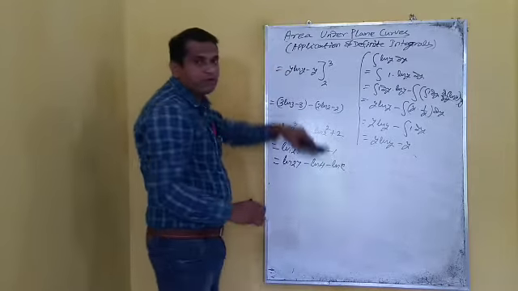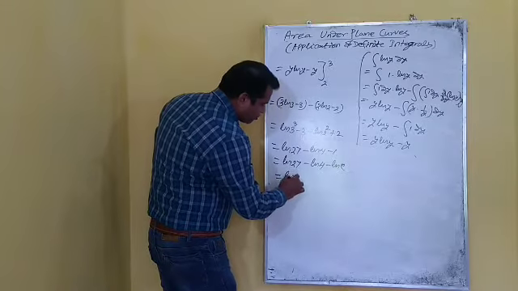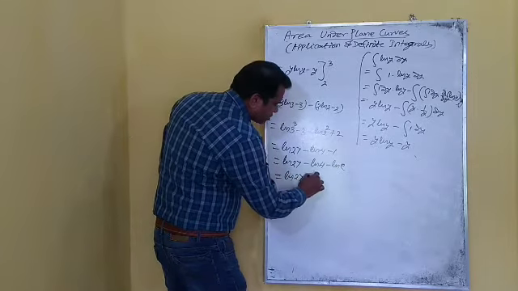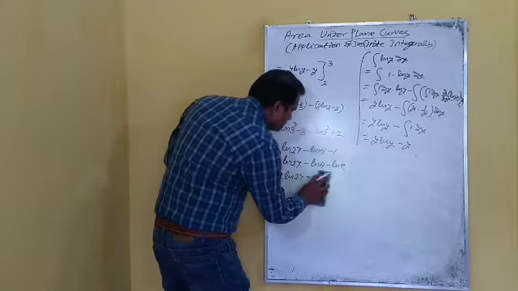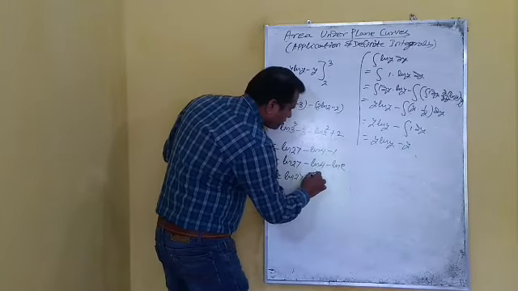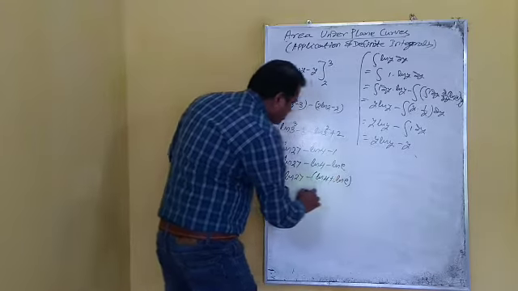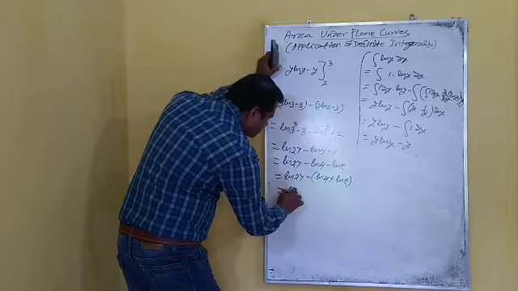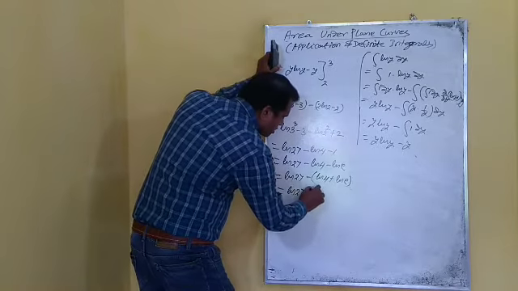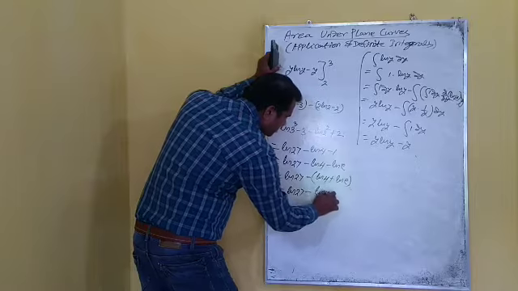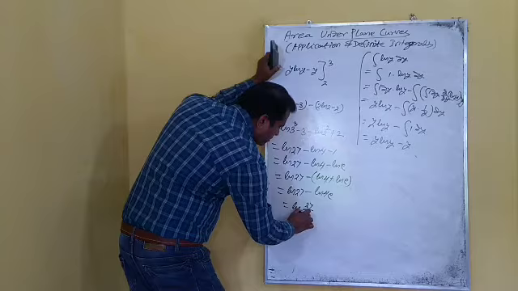You know, the value of ln e is 1. So ln 27 minus ln 4 minus ln e, using logarithm rule, ln 27 minus ln 4e, that equals ln 27 divided by 4e.